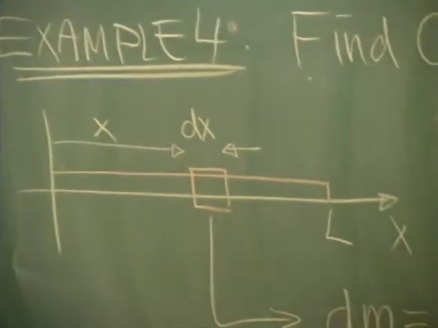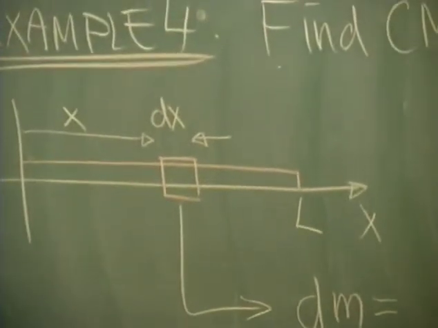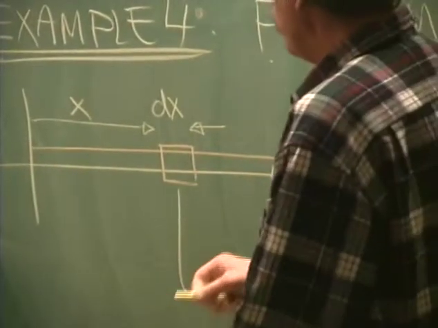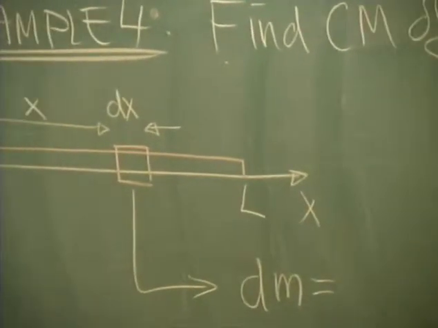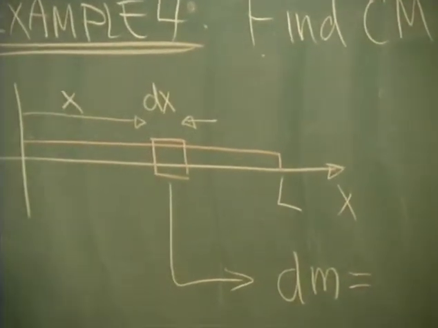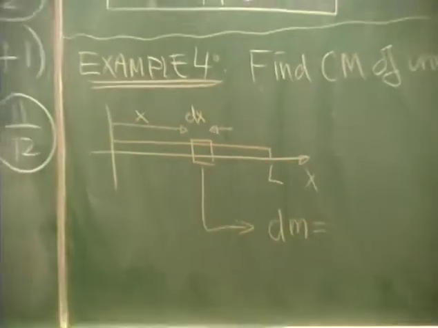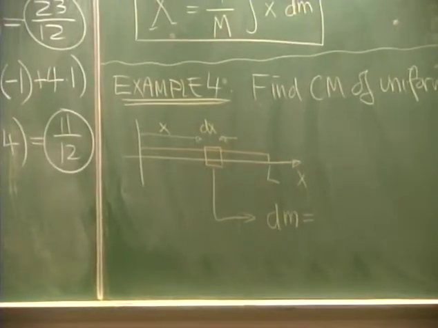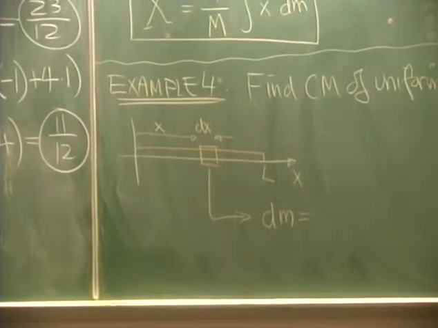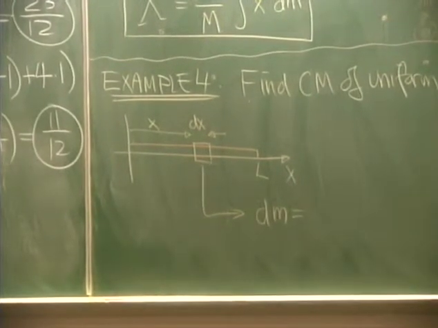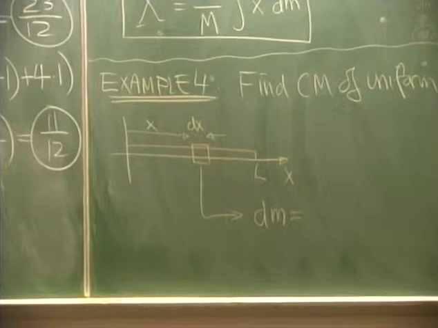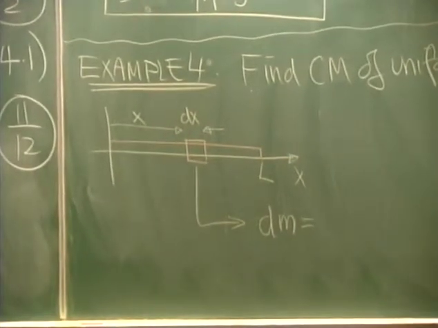If it has a width dx, I never told you what the mass of this whole thing is. Its mass is M and its length is L. So what would you write down for dm, the mass of that little chunk whose length is dx?